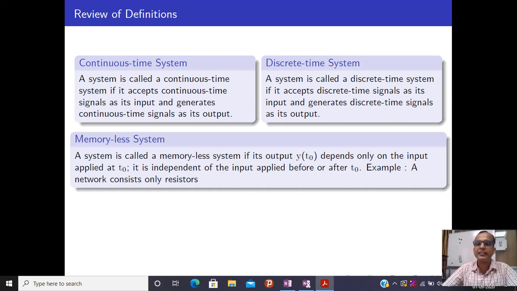For that reason, this class of system is called a memoryless system.